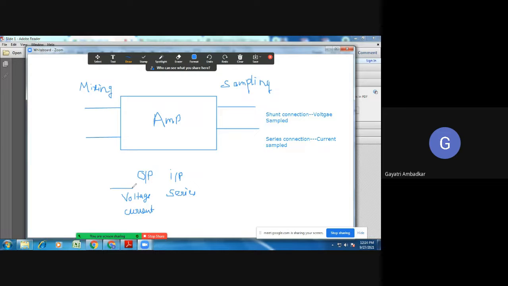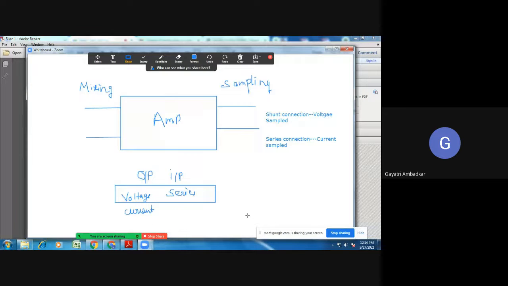So the name of the feedback topology is written like this: whenever you see any name, the first word indicates what is sampled, and the second word indicates how it is mixed. So if voltage is sampled and mixed in series, your feedback topology will be voltage series amplifier, or it will be current series, voltage shunt or current shunt.